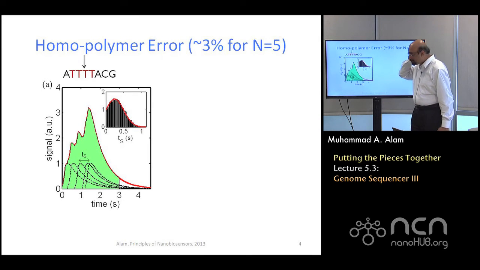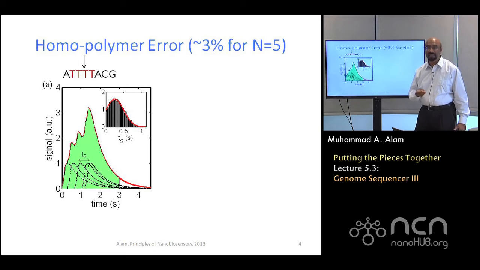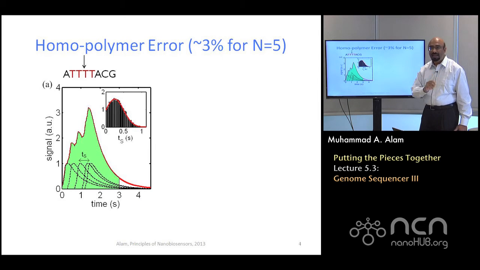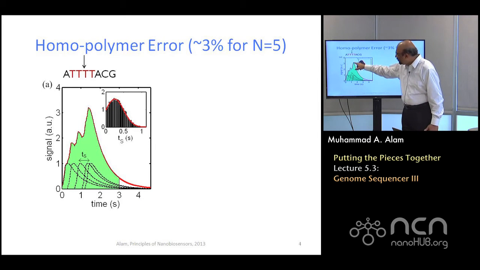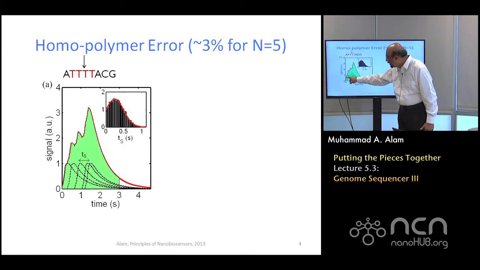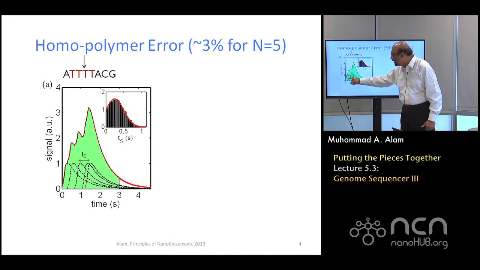Why is that? And by the way, the red one has a height of 3. And the height of 3 means I will now be telling that I have actually 3 T's, whereas in reality I have 4. So I just made a mistake. Why is it 3? Why isn't it 4? It is because when you had the first signal, it came and it went. The second signal started with a slight delay, so that came in and that went.